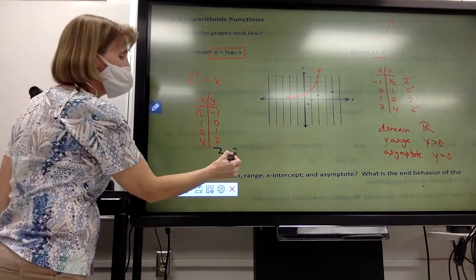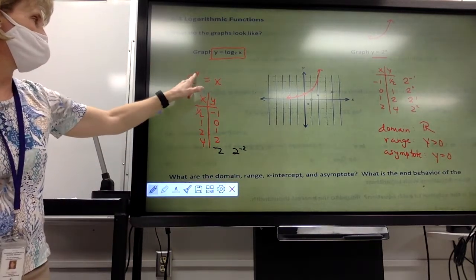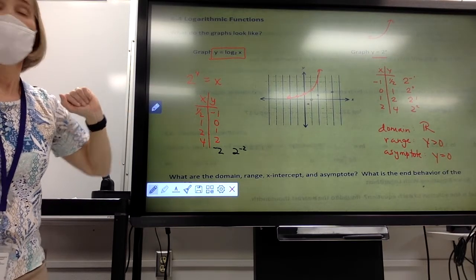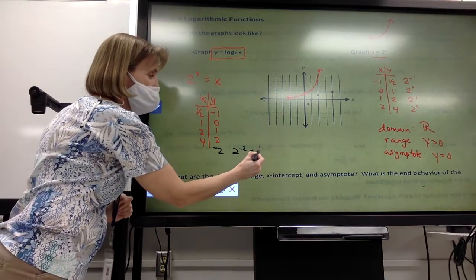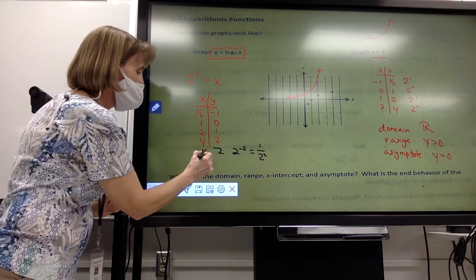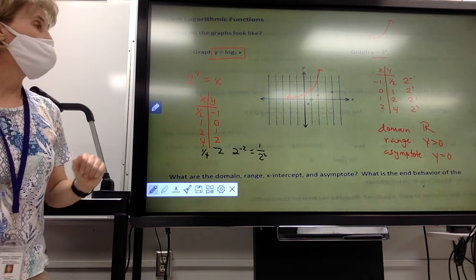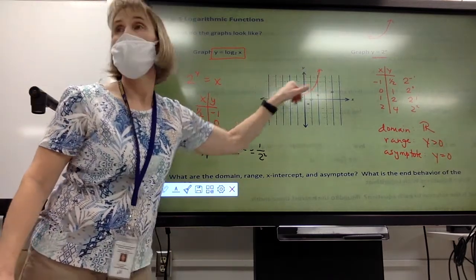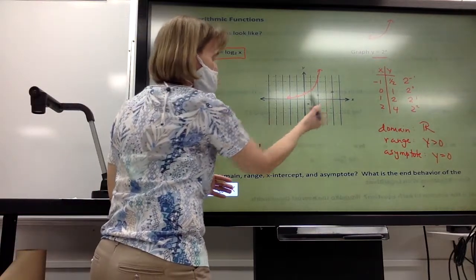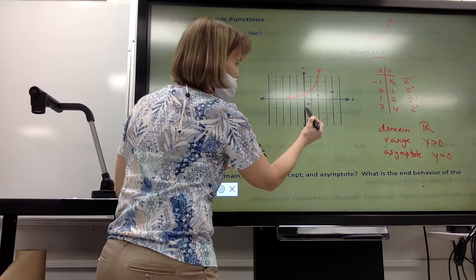If I said 2 to the negative second power, remember I'm putting values in for y, so 2 to the negative second power would be 1 over 2 to the second power, so what would that be? 1 over 4. I'm not going to add it to the other side because I saw the whole graph. I knew what was happening over here. I'm just going to add an extra value here because I want to show you what's happening here. At 1/4, if I go just a quarter of the way, I'm going down to negative 2.